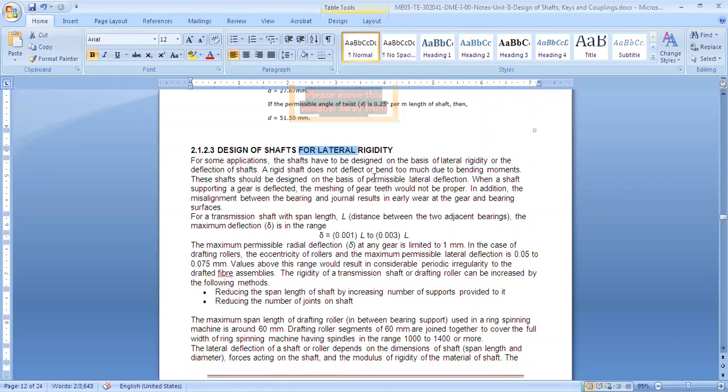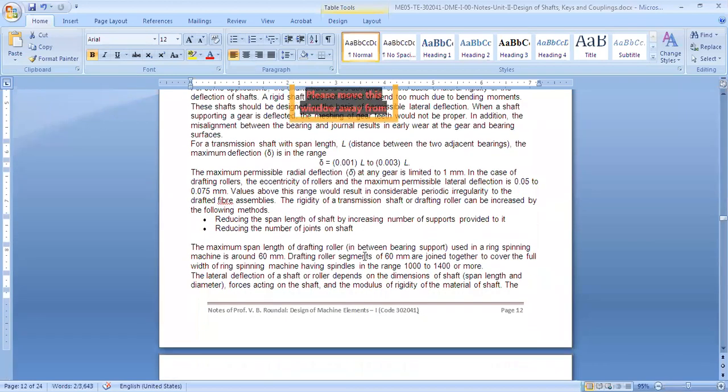In the example from the previous lecture the shaft length was 600 mm, so delta will be 0.6 mm. That means the shaft is allowed to deflect by 0.6 mm, or if it is 0.003, by 1.8 mm. So if we consider the shaft horizontally, the deflection is allowed at 0.3% of the length.